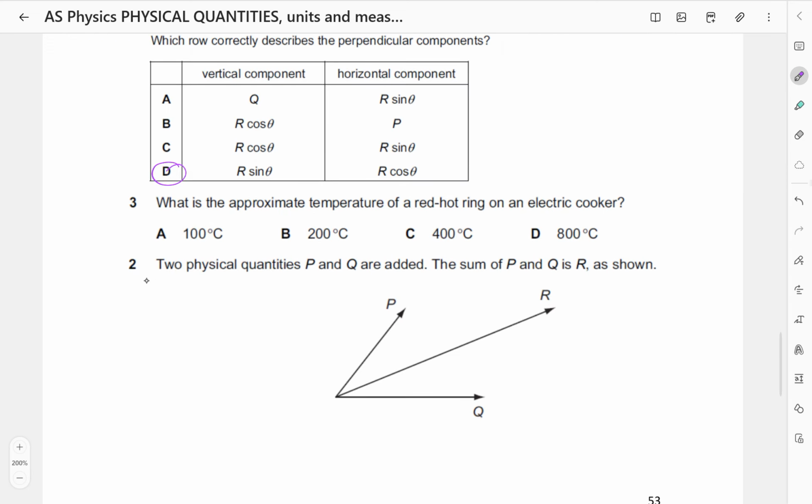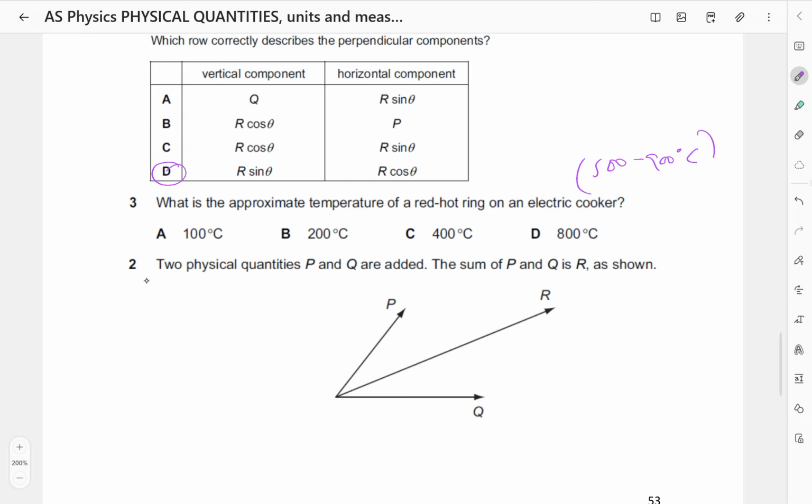What is the approximate temperature of a red hot ring on an electric cooker? Electric cookers can be as hot as 500 to 900 degrees Celsius.